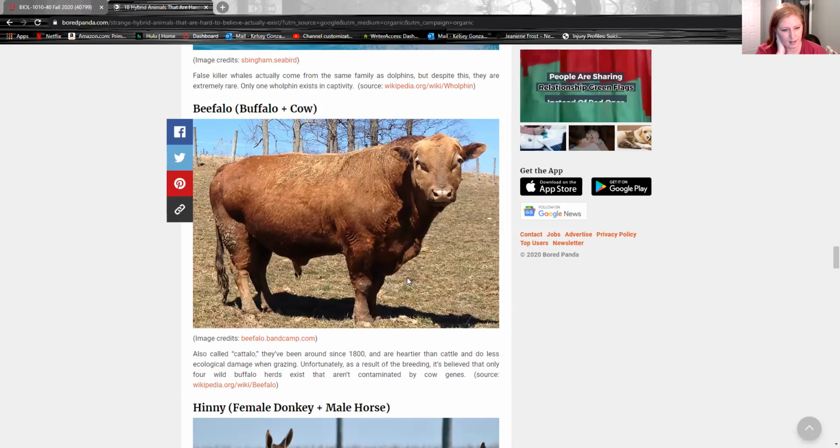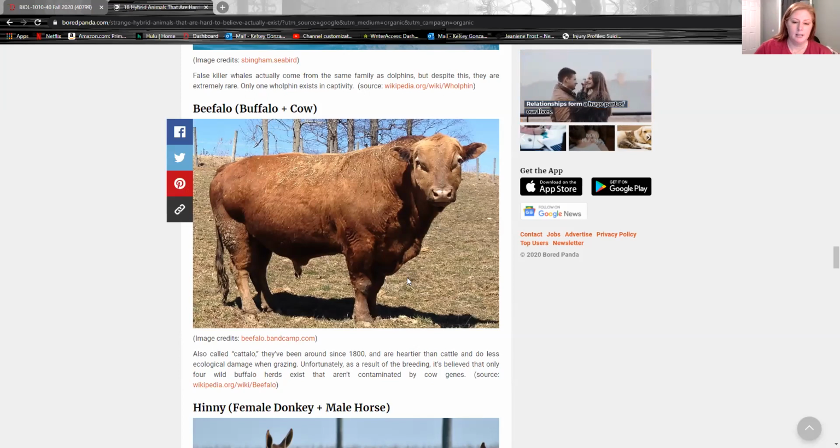They were interbred because they're hardier, provide more meat, what have you. According to this, it's believed that only 4 wild buffalo herds exist that aren't contaminated by any cow genes. So in other words, 4 wild buffalo herds that are what buffalo would have been a couple hundred years ago. And I actually think one of those herds is up there on the backside of Zion National Park.